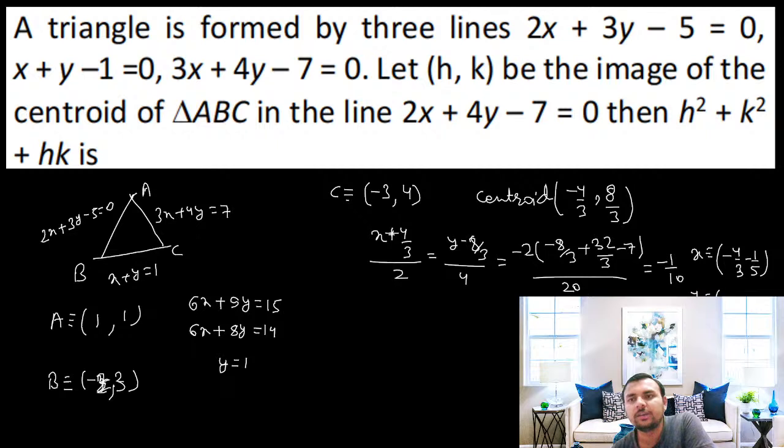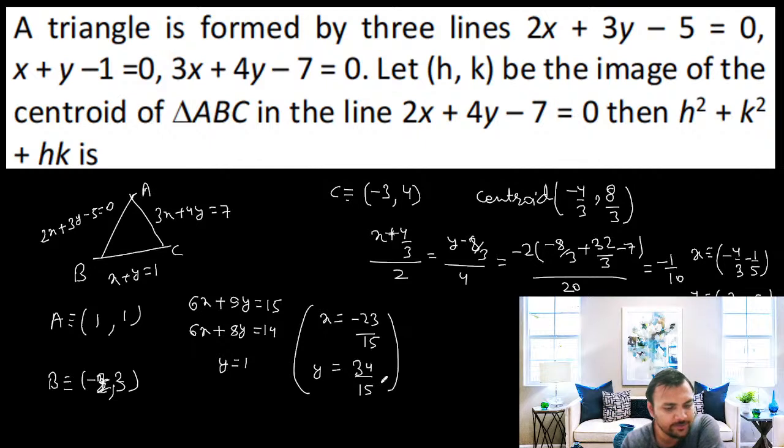And y could be, this is minus 1 by 10, 4, minus 2 by 5. So whatever we calculated, x equal to this and y equal to this, this is what we calculated. This is simply we calculated the value.